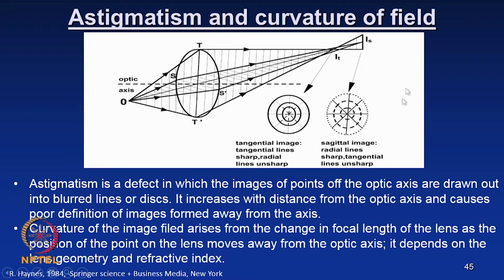Look at this image carefully. As I mentioned, this is an off axis aberration, and if you look at the schematic, you have this optical axis and then you have this lens here, and there are two different planes defined here, that is the tangential plane T' and the sagittal plane S'.